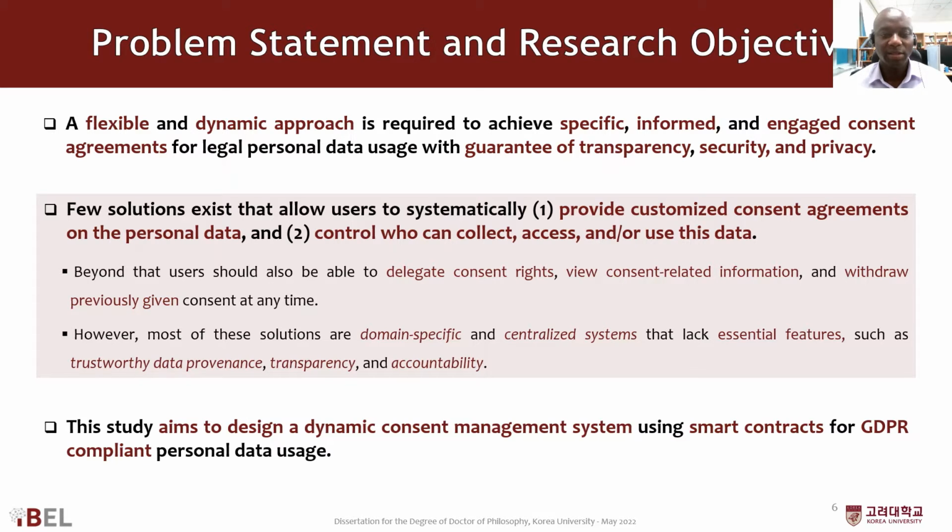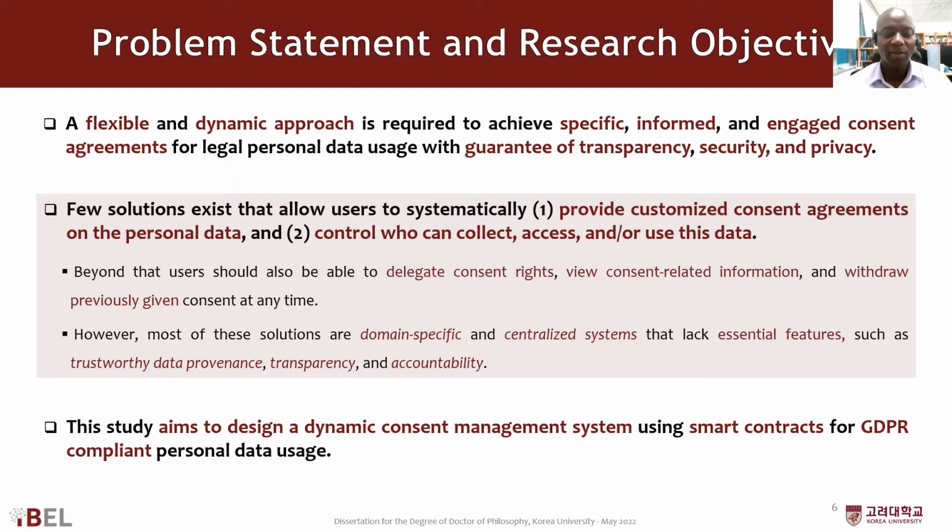Few solutions exist that allow users to systematically manage their consent on their data. The user should be able to delegate consent rights, access to the consent-related information, and withdraw previously given consent at any time.